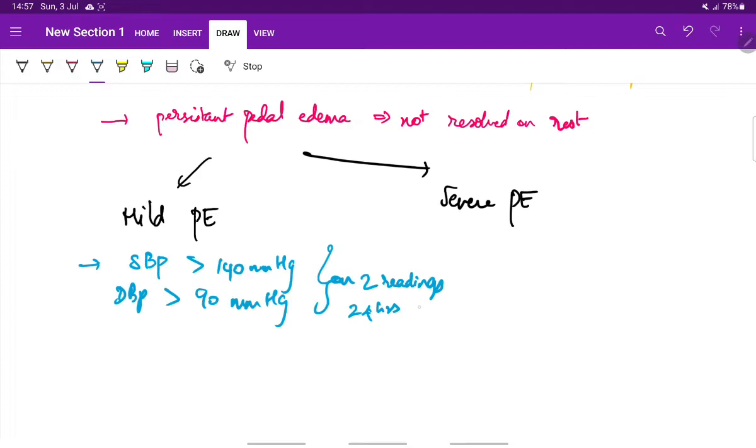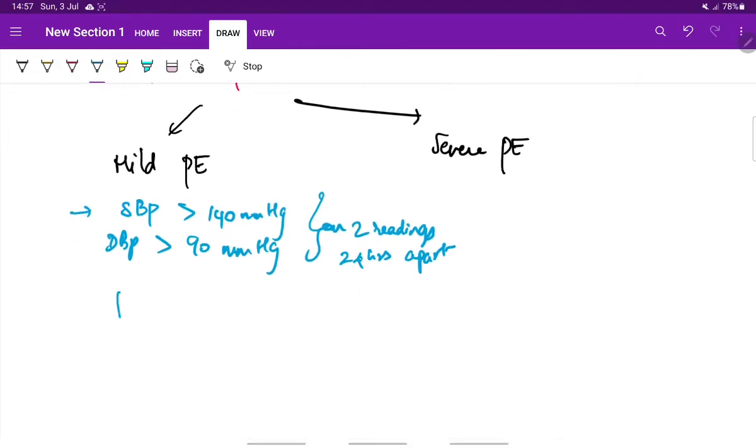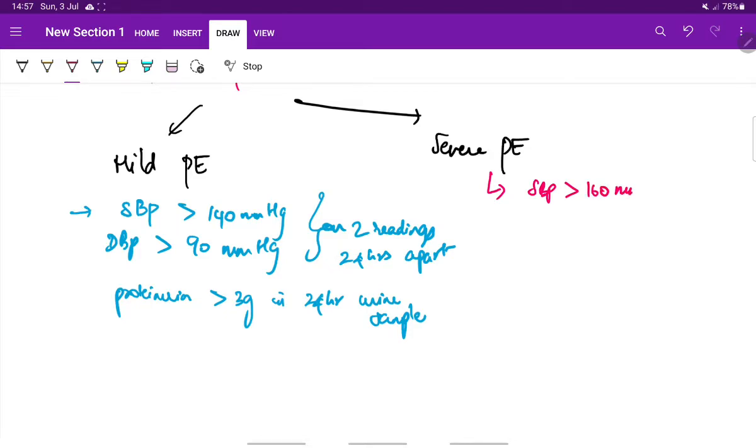Next, proteinuria more than 3 gram in 24-hour urine sample. This is mild preeclampsia.